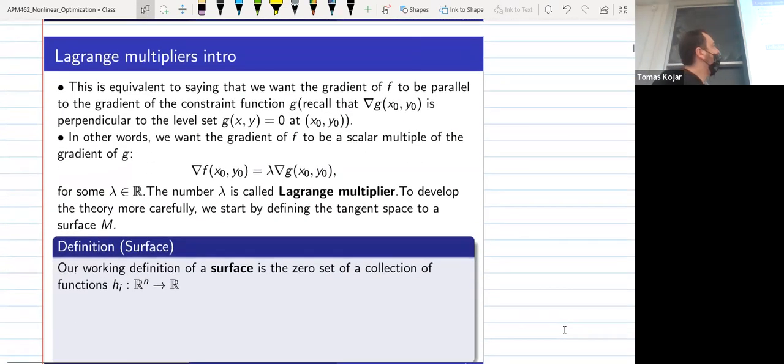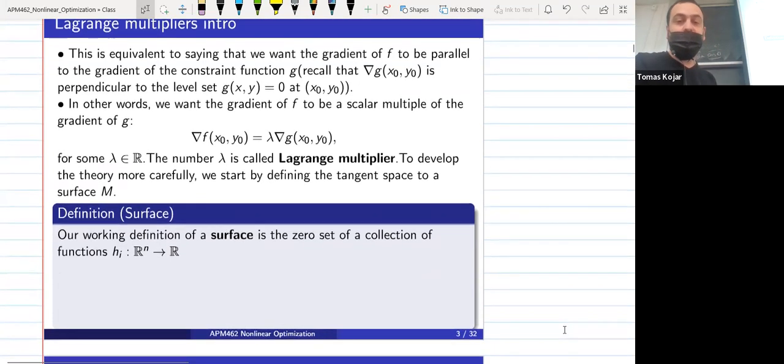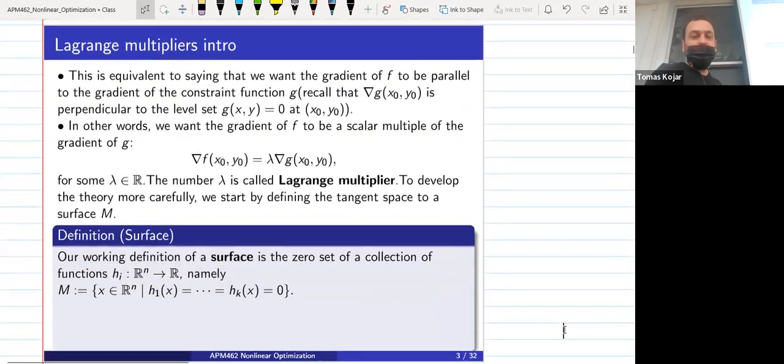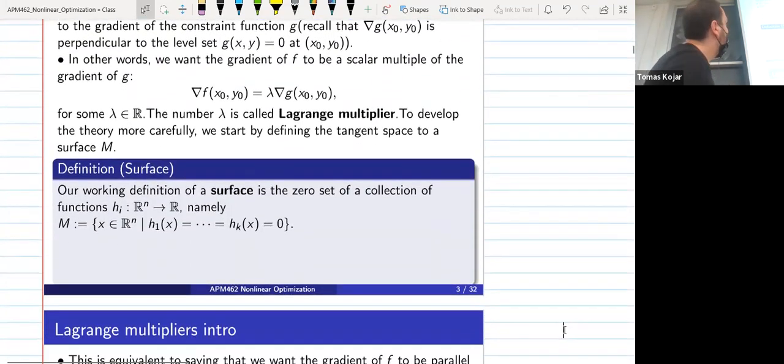All right. So first, surface. What's a surface? We won't do the abstract stuff. There is an abstract definition, but there's no time for that. We will define a surface to just be the level sets of all these functions intersected. I will do an example right after, but that's what you should have in mind because that's what we care about.